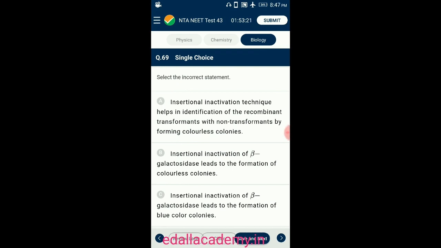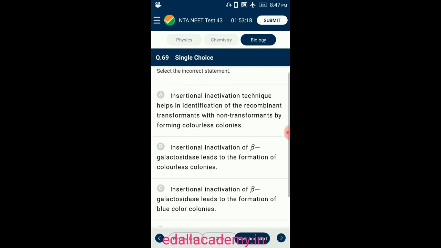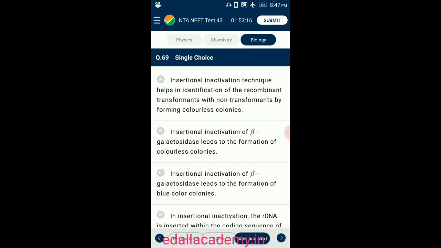Question number 69. Select the incorrect statement. Selection of recombinants due to inactivation of antibiotics is a cumbersome procedure. Therefore, alternative selectable markers have been developed which differentiate recombinants from non-recombinants on the basis of their ability to produce color.